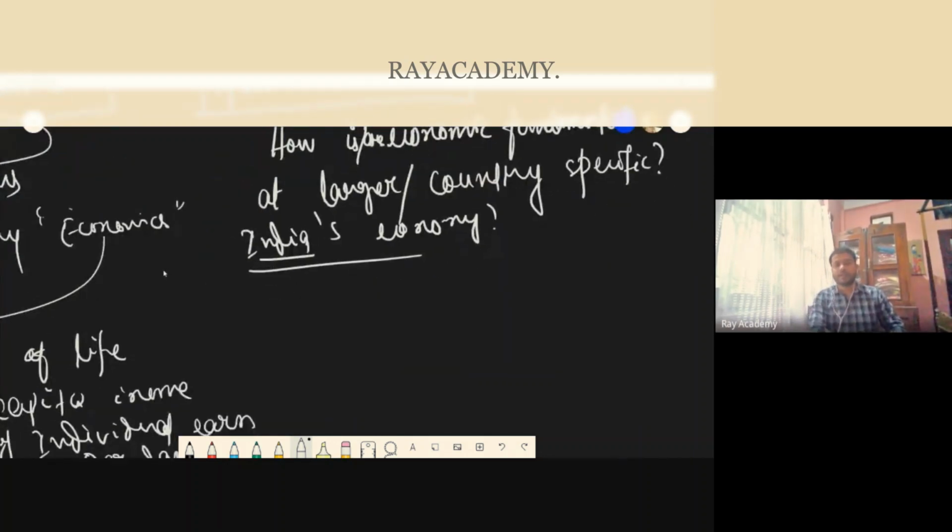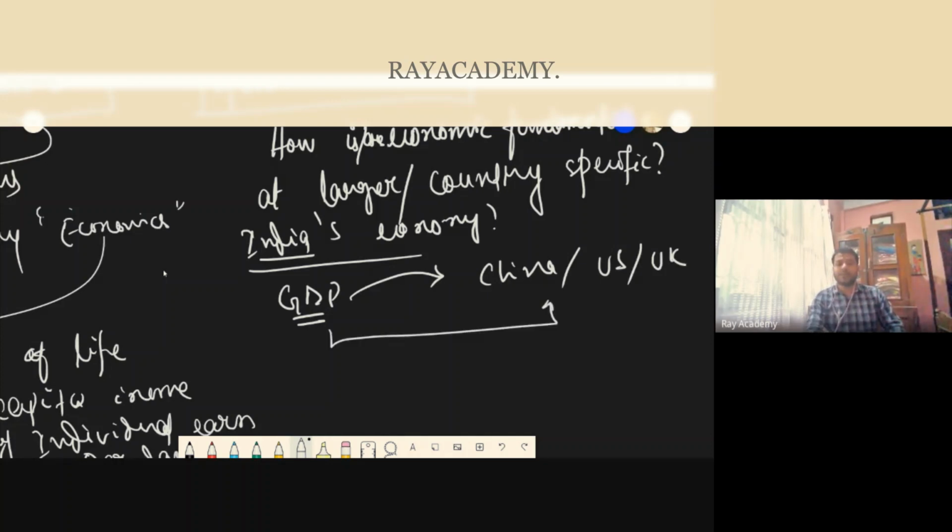You will understand what the GDP of India is and how it is doing compared to the GDP of China, the US or the UK. So you compare with different countries.